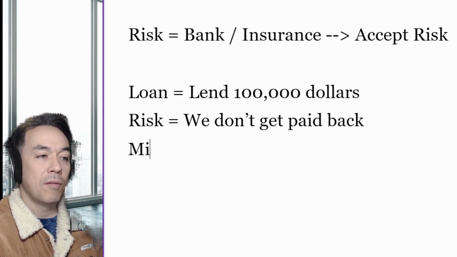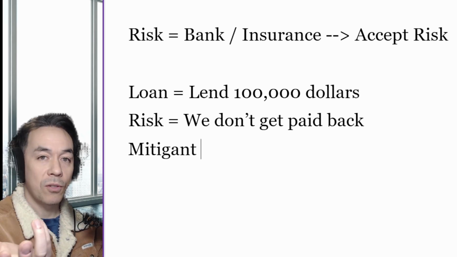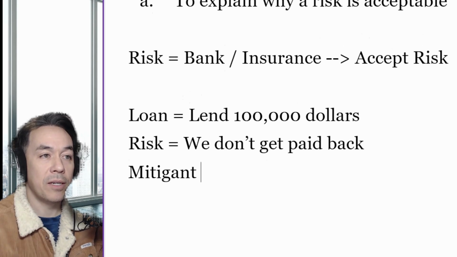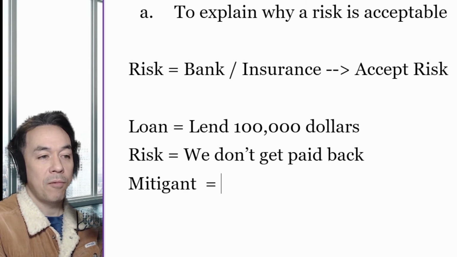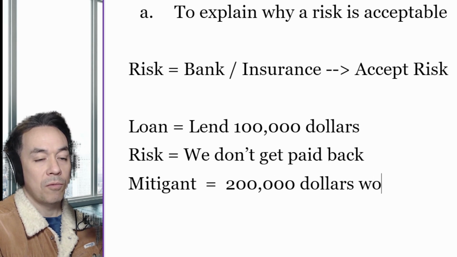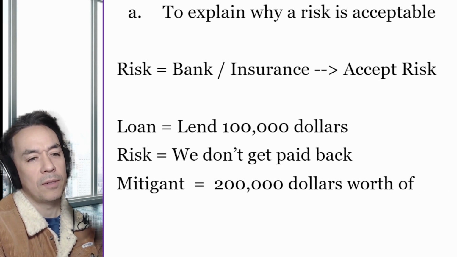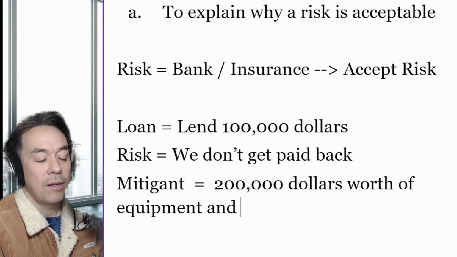But we'll say the mitigant, which is, I guess, the object version or the noun version of to mitigate. The mitigant means that, well, there are $200,000 worth of, we'll say, equipment and saleable items.